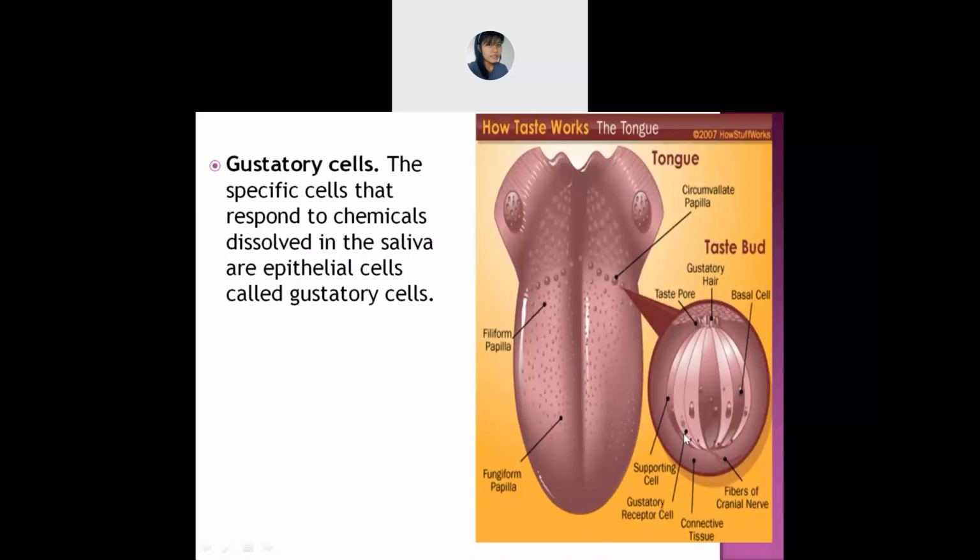The purpose is that they dissolve in the saliva, and they are epithelial cells. They are also known as the epithelial cells, and they dissolve in the saliva. All the cells and all that we will discuss in the physiology class.